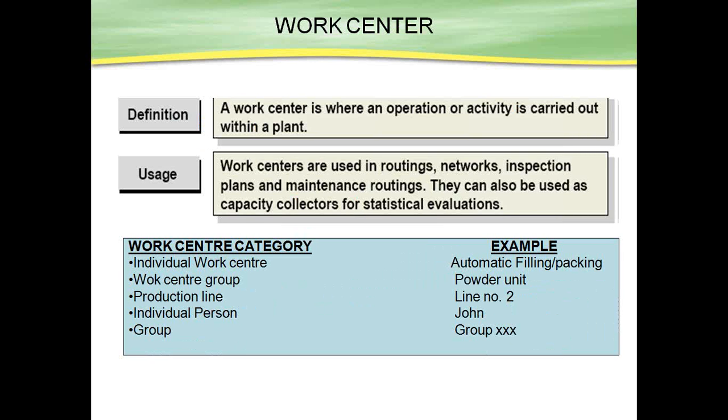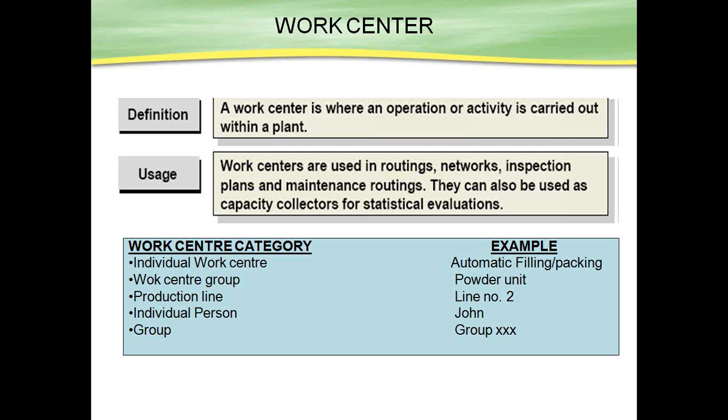Now it is the work center. Work center is the key where we perform operational activity. Suppose in a water bottle manufacturing process, your molding machine is your work center. Second, you are packing your bottles in cartons, so your carton packing location is your work center.